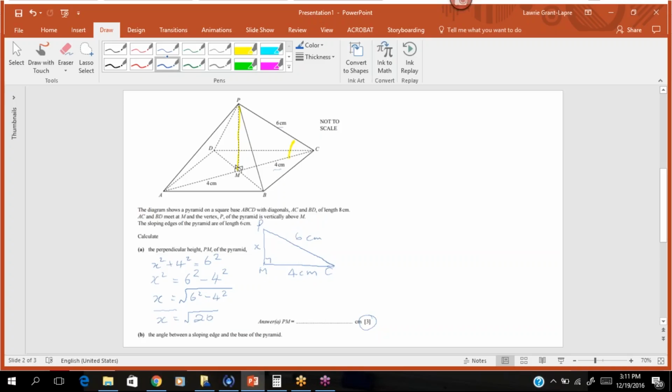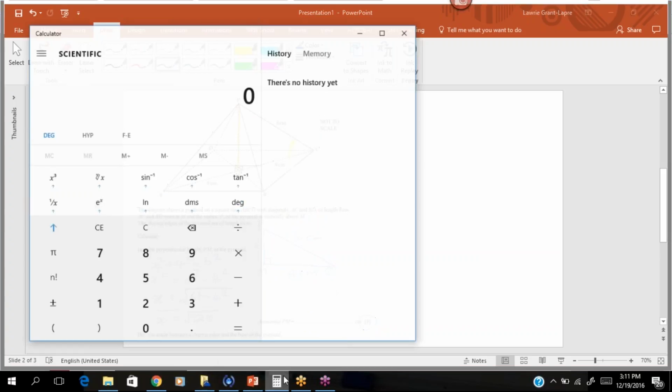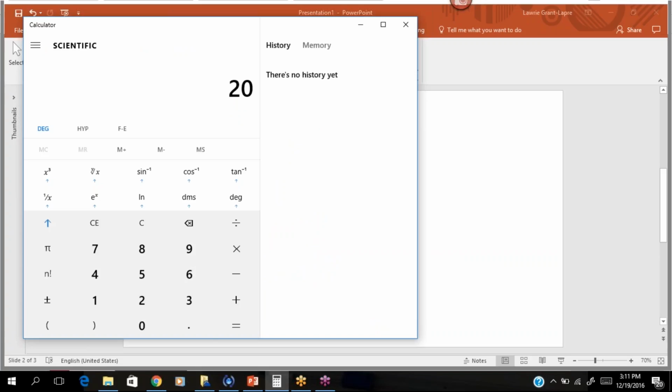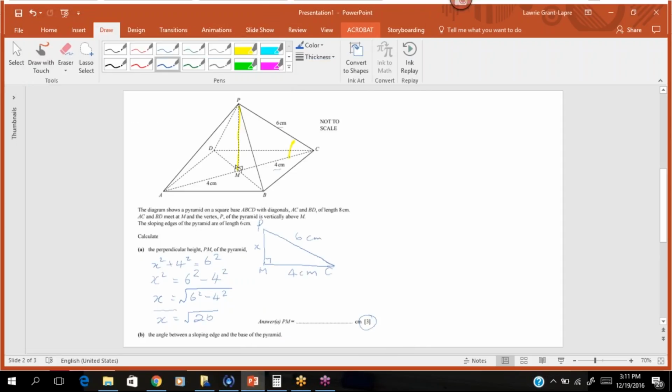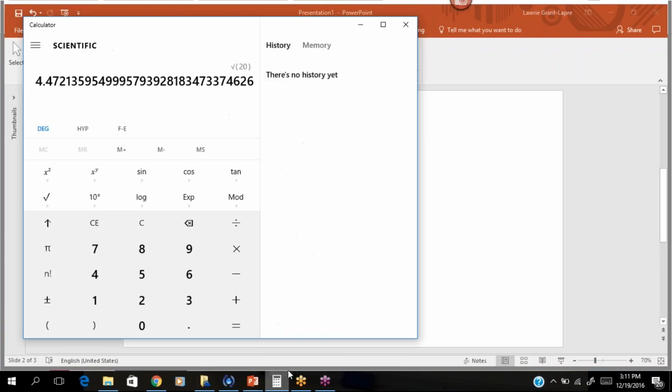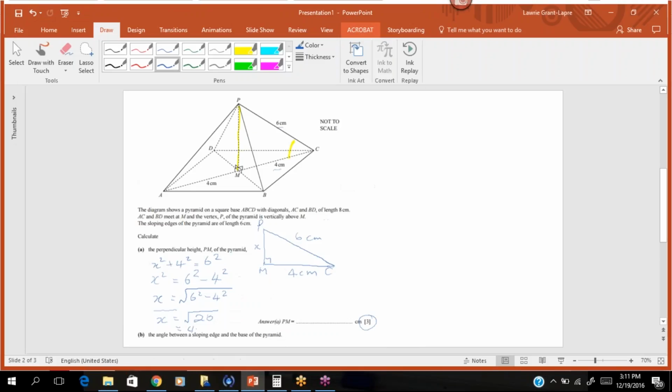Now you pick up your calculator. You cannot put root 20 here. You must put a decimal. So we get the square root of 20. You see we've got 4.472135, etc. Now we want 3 significant figures.